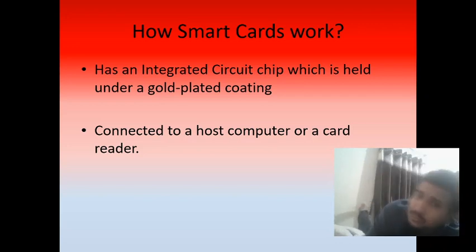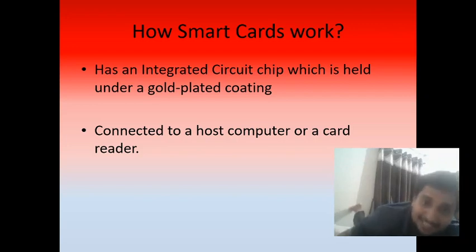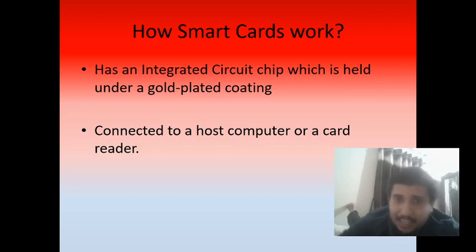Now, whenever you go to an ATM in order to withdraw some money, I'm pretty sure you have experienced this: you have to insert your card into the ATM. I hope you have observed these days that the ATM machine does not give you the card back until your entire transaction is over.